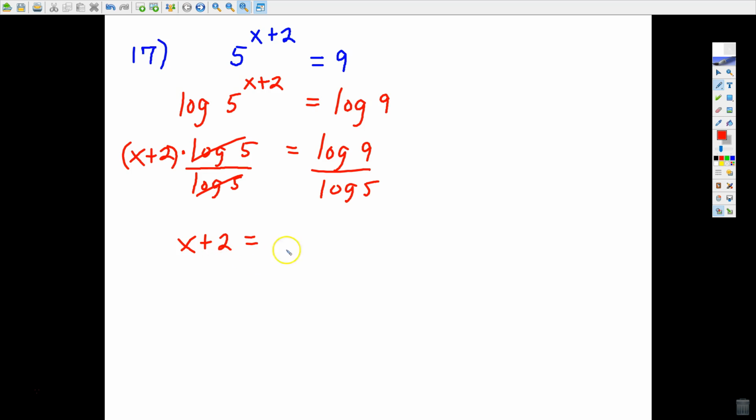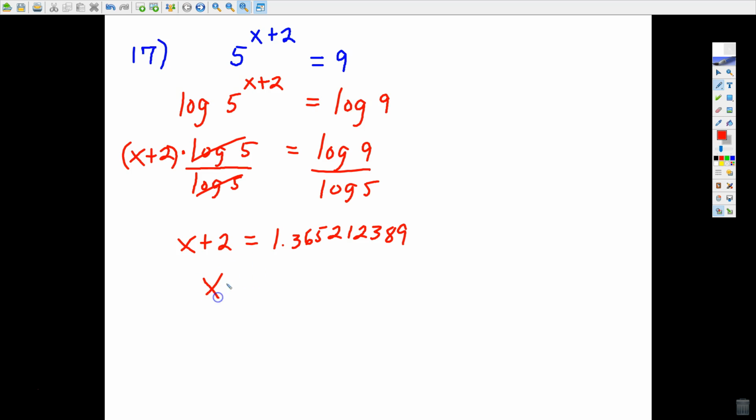And that gives me, I'll just write out the whole decimal, 1.36521238. So to solve for x, I'm just going to take that number, it's in my calculator, and subtract 2 from it.